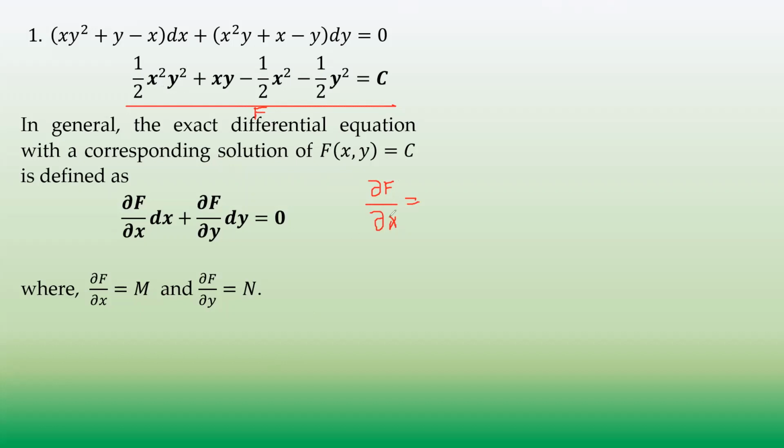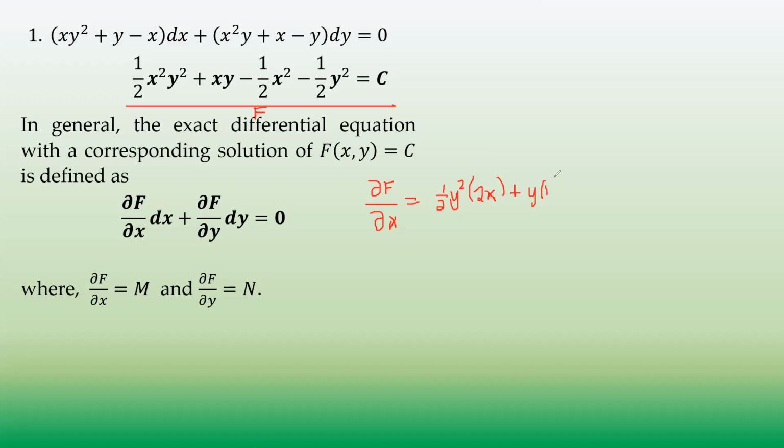So we're going to differentiate with respect to x. So yun ay constant muna, 1/2 y squared. Variable mo ay yung x squared. So ang derivative ng x squared ay 2x. Okay. Plus, again, y is constant. Variable yung x.